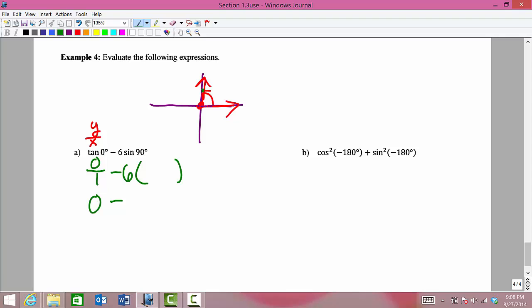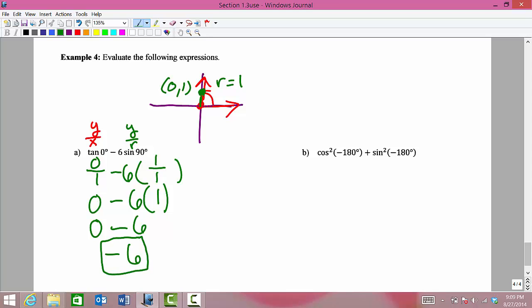Our terminal side would be pointing straight up, that positive y-axis, so 0, 1 will be our x and our y value that we would use. Sine is y divided by r, and remember that the r would be 1. So y divided by r, so y would be 1. R is also 1, so that would be 6 times 1. So 0 minus 6, when we evaluate the overall expression, our final answer would be -6.